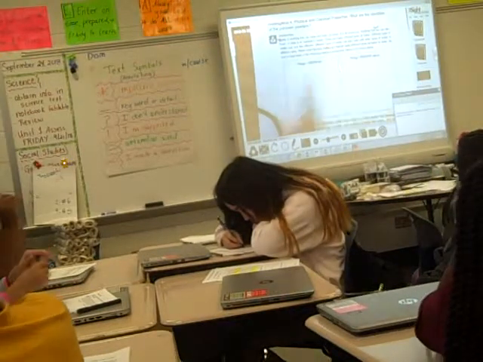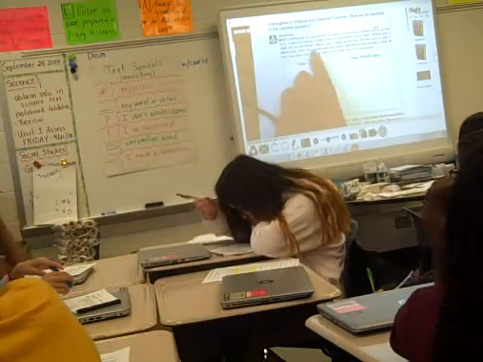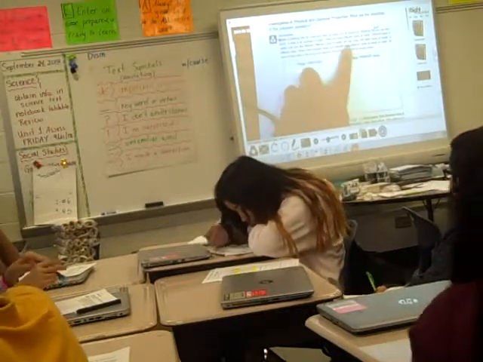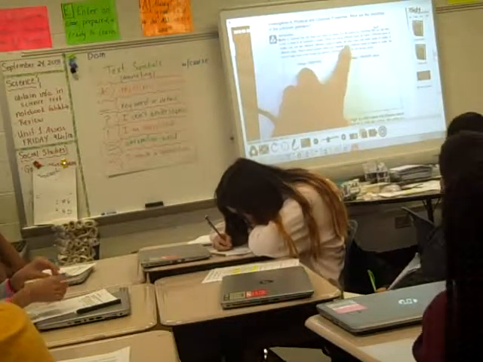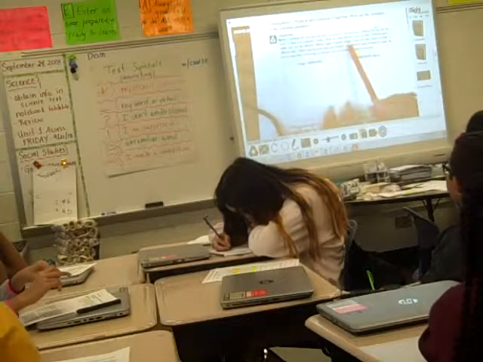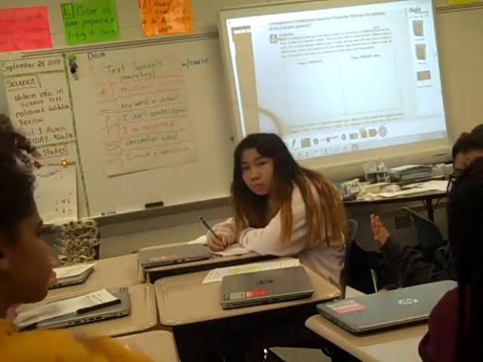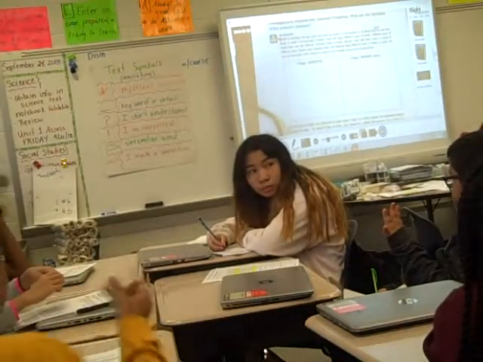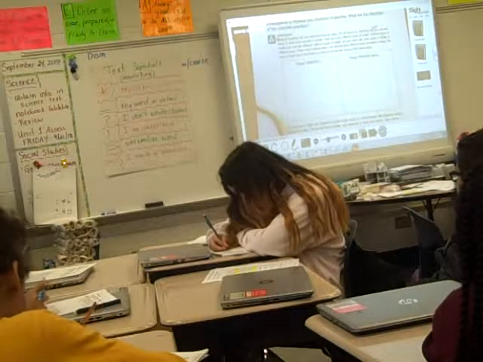All right, keyword. So you said it's a keyword or detail, okay? How many of us believe that's a key detail that we should annotate? Got a few hands. Okay, anybody disagree?